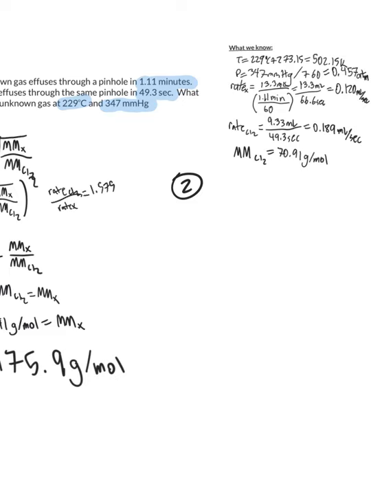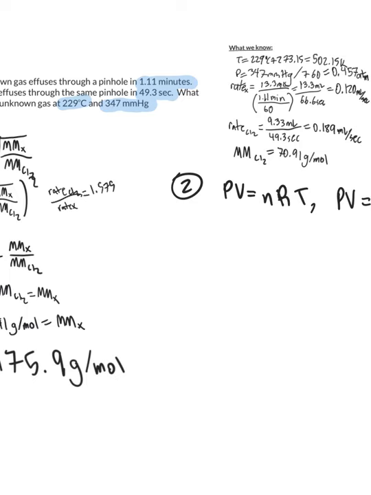Now for step 2. First, we have to find the formula that we're going to be using. We will start with PV equals nRT, which if we change moles to what it is, we get PV equals gRT over molar mass, g of course standing for grams, and for molar mass we'll put down mm.